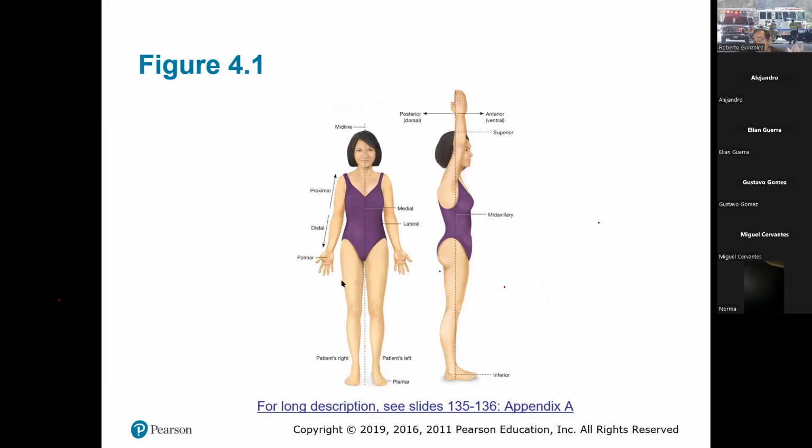Even though they might be turned around, if the laceration is right here on this leg, let me see if you can see my arrow, you have to describe the laceration. Is this the person's right leg or left leg?